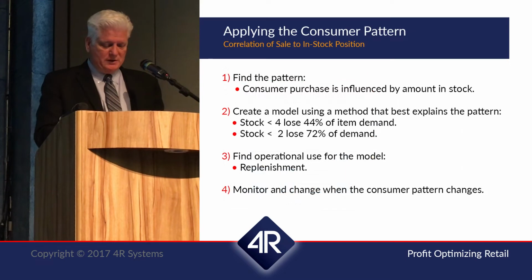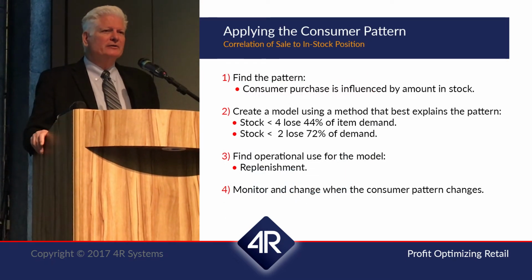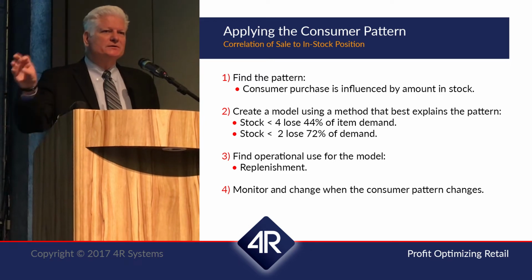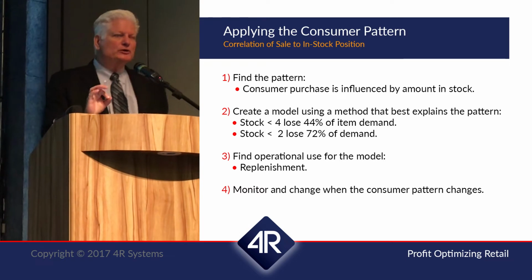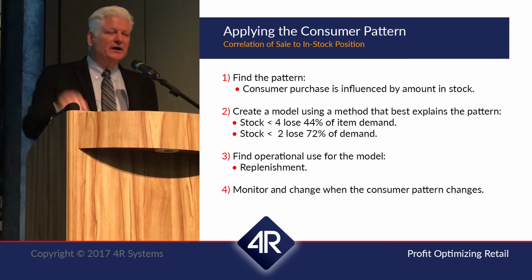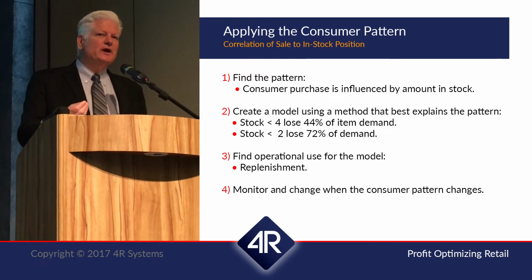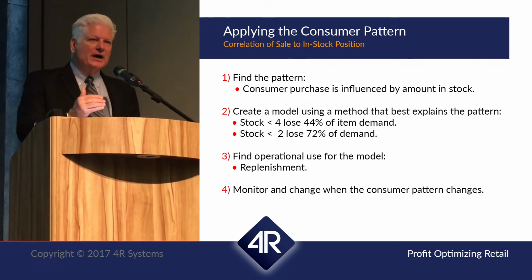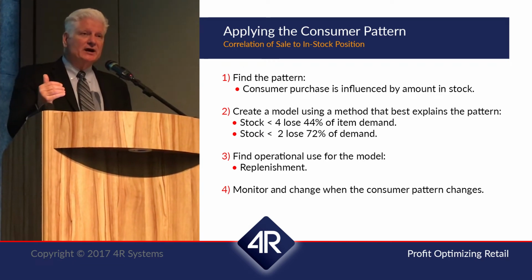So here's the trick. Number 1, find the pattern. What is the pattern for this individual category? In this case, obviously, customer purchase is influenced by the amount of stock. Second, we have to go one level deeper. We have to understand and create an algorithm. The model on this, according to that demand, explains the stock pattern.